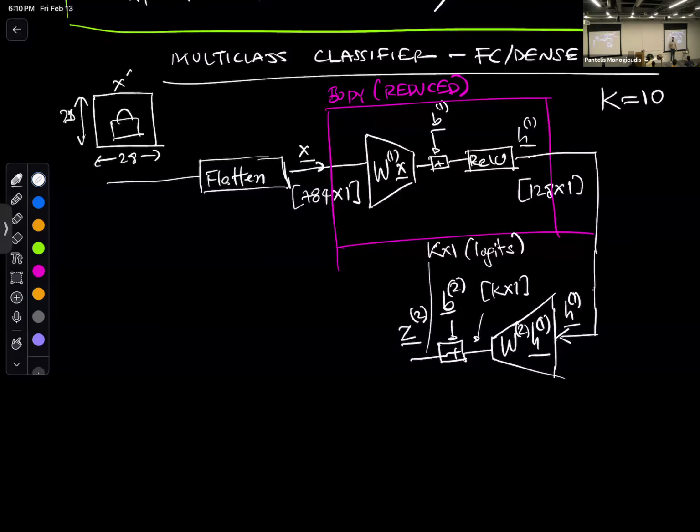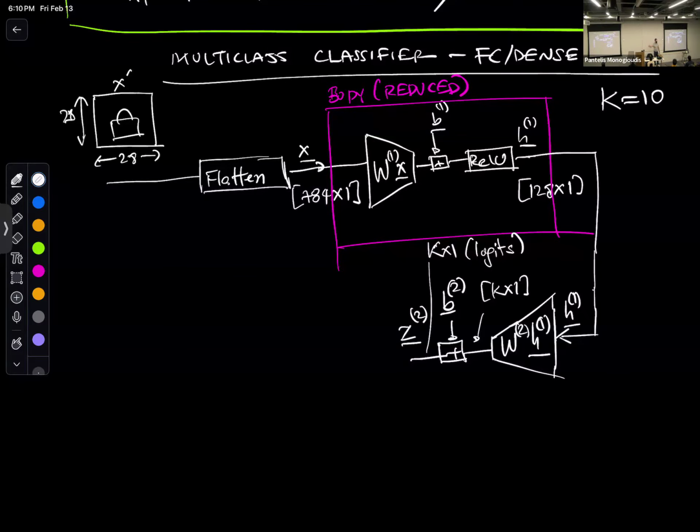In other words, while in the binary classification, I could get away with a y hat, which was a scalar between 0 and 1. Why could I get away with it? Because I had only two possibilities. If my y hat, which is the posterior probability of the positive class, is 0.8, then I know that the other bar that I need to define a two-bar posterior probability distribution is 0.2. Now I need 10 numbers.